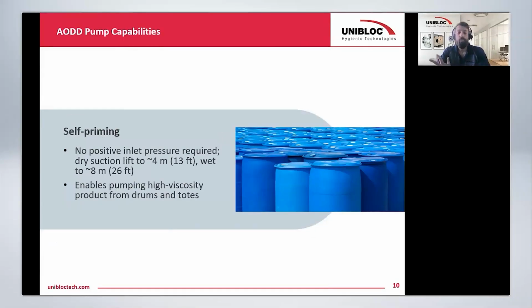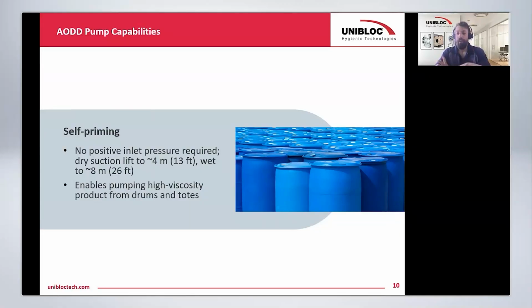And then one of the biggest, if not the biggest, draws of a diaphragm pump is its ability to self-prime and suction lift product. They are generally capable of about 12 feet of dry suction and almost 30 feet of wet. This is extremely useful, especially in the food industry, because that's what I'm most used to, but I assume in the industrial industry as well. So many products are sold in 55-gallon drums.